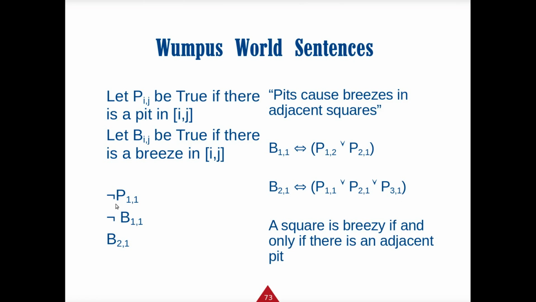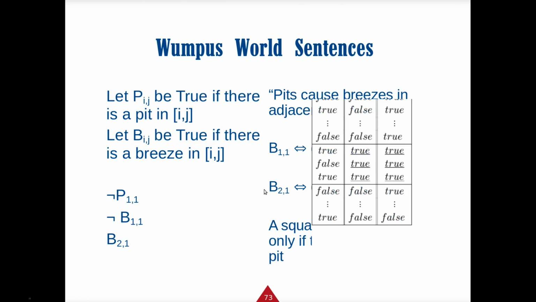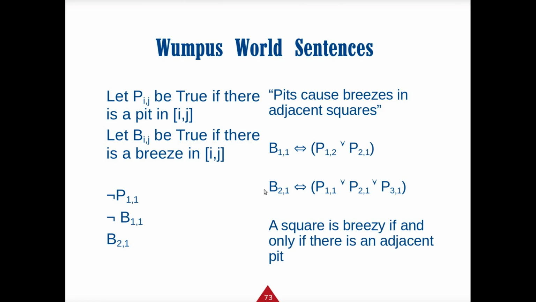We know there's no pit in P11, and there's no breeze in 1-1, and there's a breeze in 2-1. So we can figure out where the pit is going to be. And the pit is going to be where? It's going to be in P22, or I'm sorry, in P12.